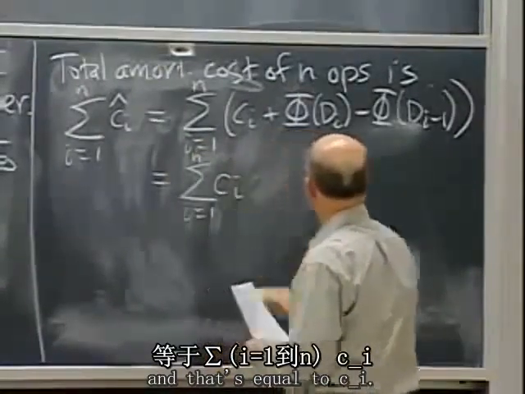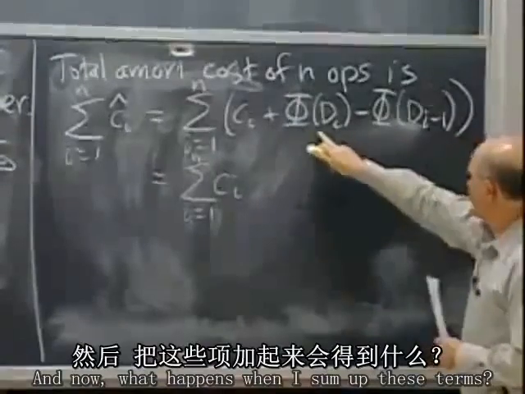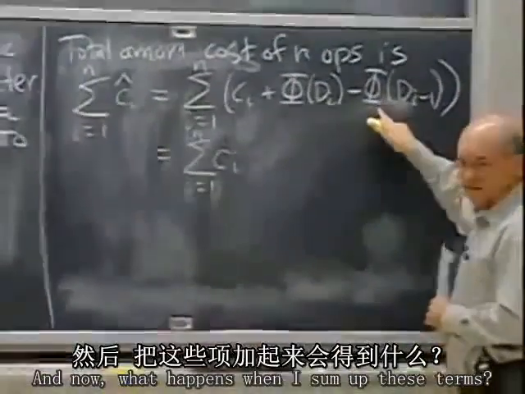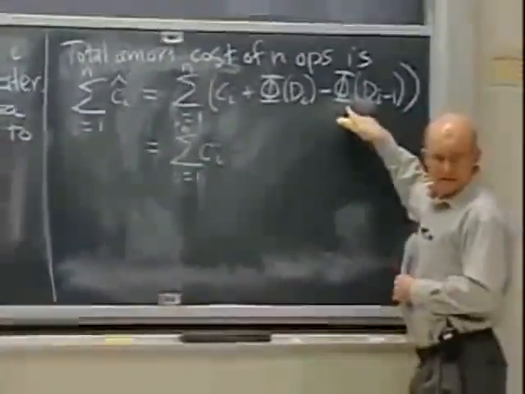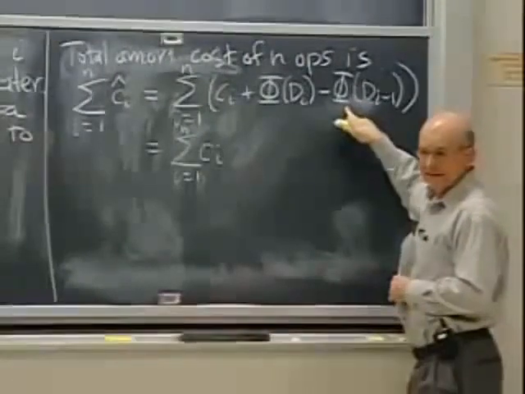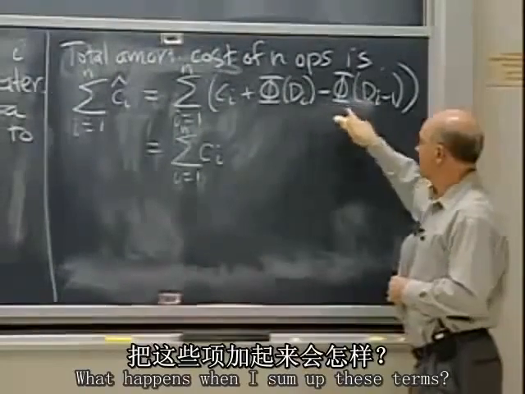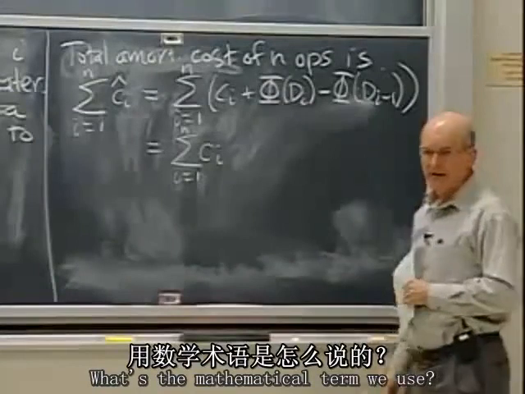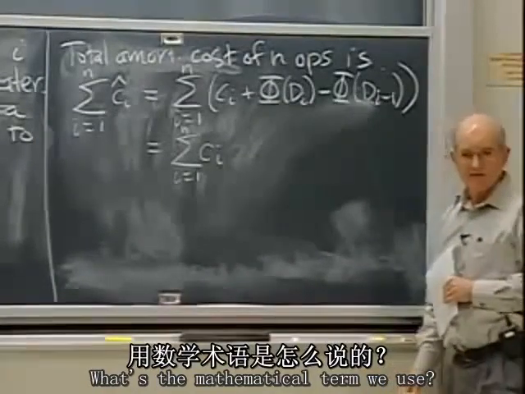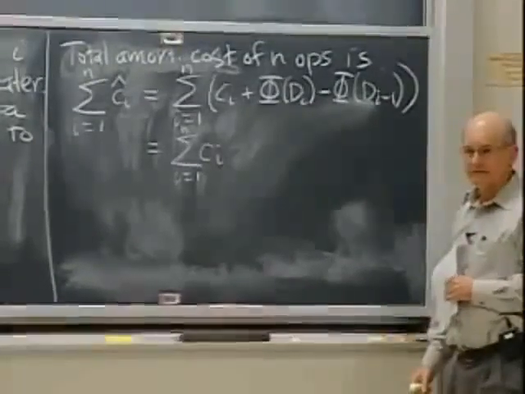And that's equal to the sum of ci, plus the potential terms. Now what happens when I sum up these terms? What's the mathematical term we use for it? Telescopes.